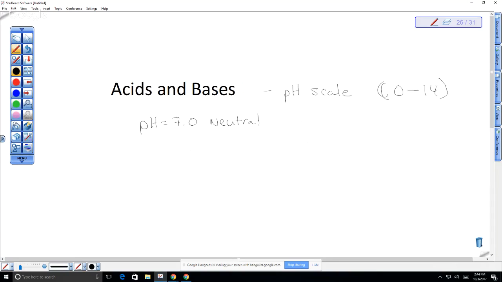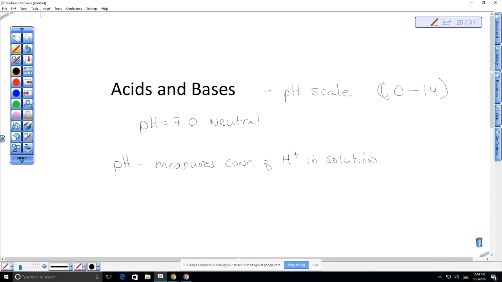What the pH actually measures is the concentration of hydrogen ions in solution.